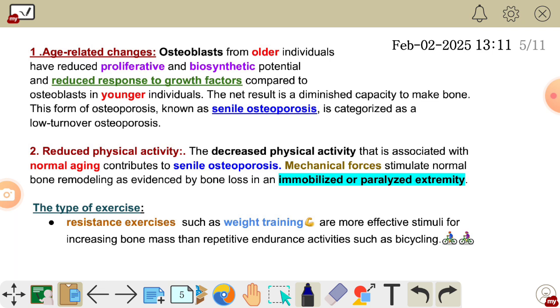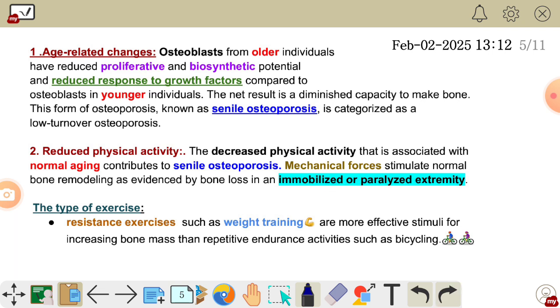So when you compare an immobilized limb to one which is involved in exercises or physical activities that mechanically involve forces like lifting and jumping, you are going to find that the one involved in those mechanical forces will have more bone density than the immobilized one.